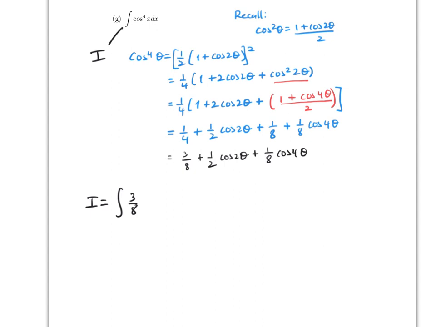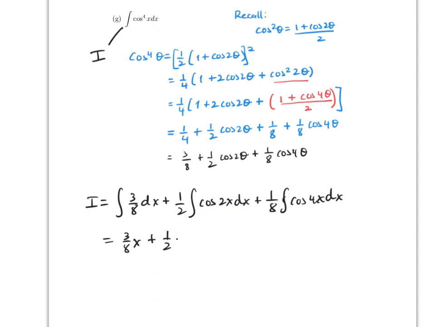Well, all of this should be, now you change to x, plus 1/2 the integral of cosine 2x plus 1/8 the integral of cosine 4x dx. So therefore this is 3/8 x plus 1/2 times 1/2 sine 2x plus 1/8 times 1/4 sine 4x plus a constant.